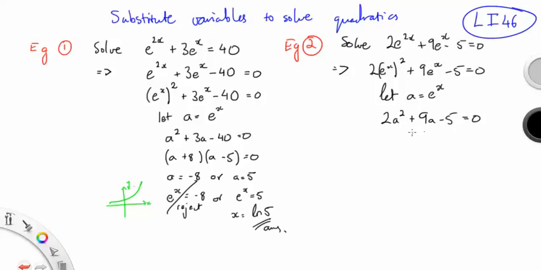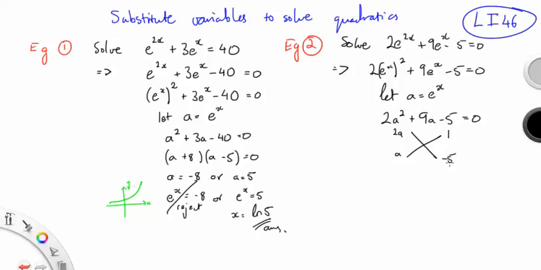Let's have a look. So it's going to have to be 2a or a. I'm going to use the cross method here. Let's try negative 5 and 1. So these multiply to give negative 5. These multiply to give 2a squared. Let's see if we get the middle term.